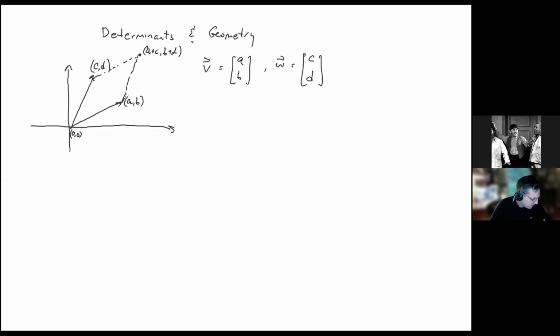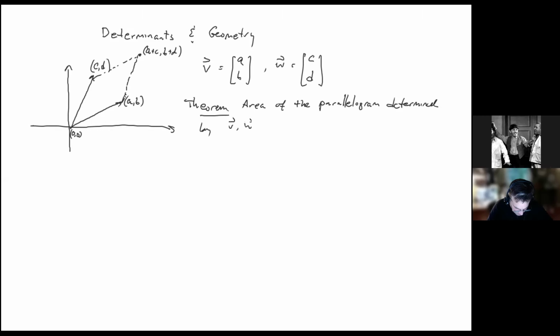And so the main statement I want to make, let's call this a theorem, is the area of the parallelogram determined by the vectors V and W is the absolute value of the determinant of the 2x2 matrix with V and W as columns, A, B, C, D. In other words, it's the absolute value of AD minus BC.